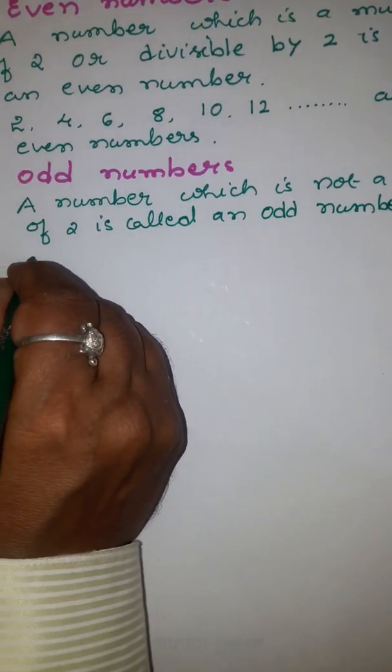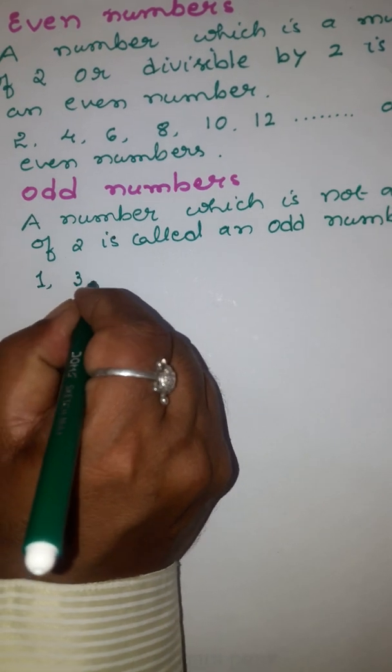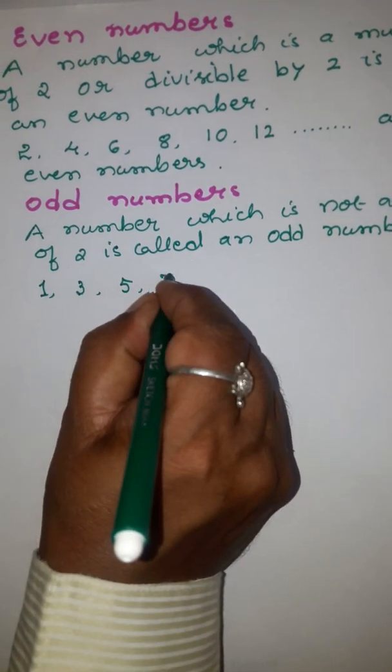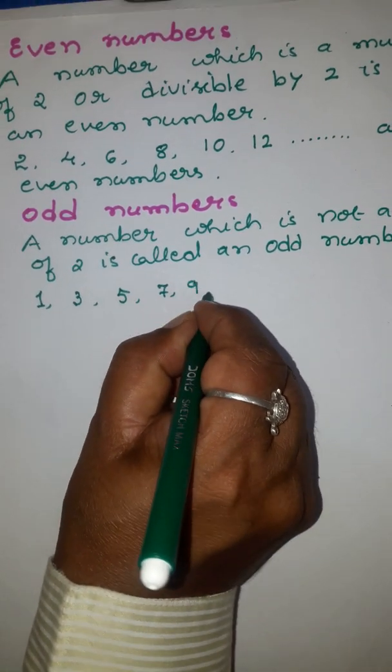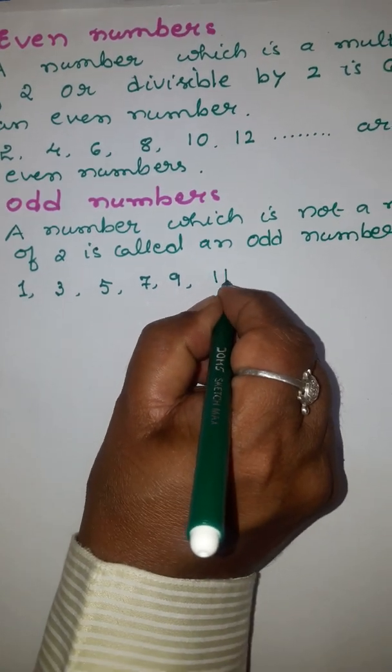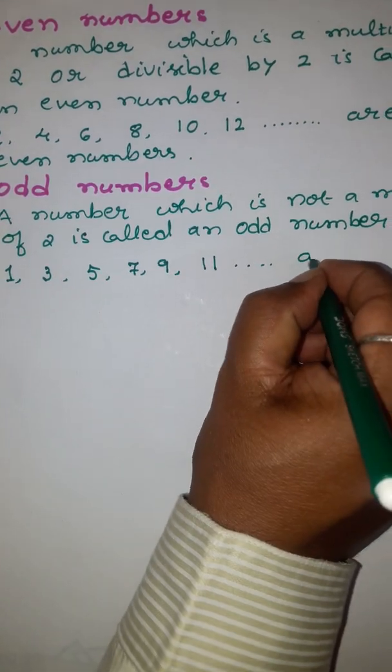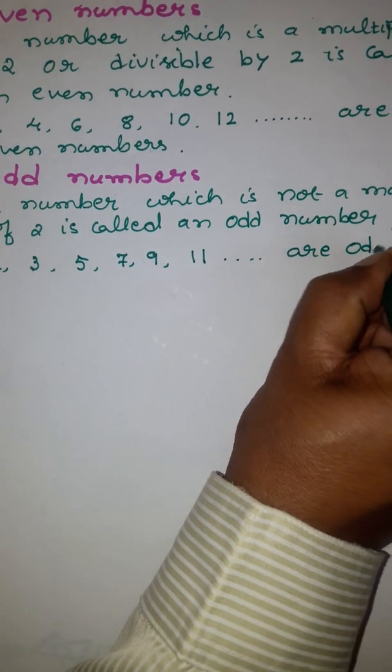So example: 1, 3, 5, 7, 9, 11, dot dot dot are odd numbers.